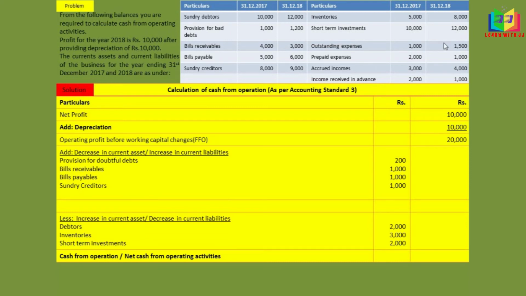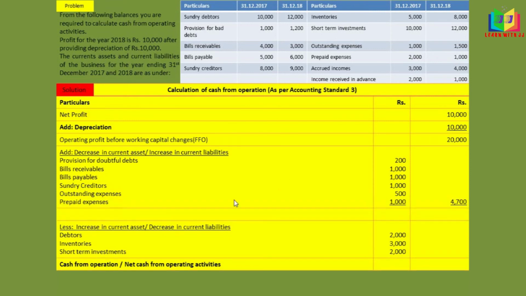So there is an increase in current liability, so we have to add this. Outstanding expenses 500. And prepaid expenses is an asset and the asset here decreases. Opening it is 2,000 and in closing it's 1,000. So asset decreases, so we have to add it. Prepaid expenses 1,000. And the total of this is 4,700.